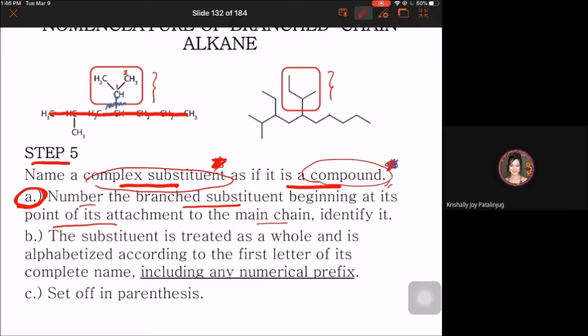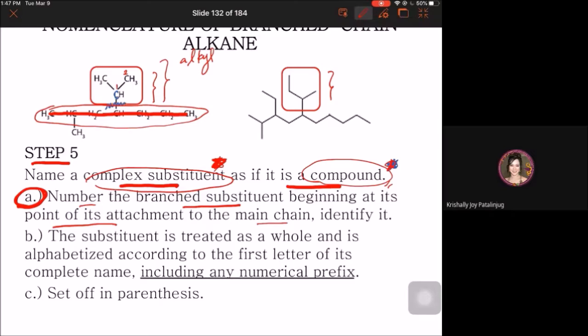Now, in this case, a two-carbon chain, if it were a parent, that is ethane. But it is not the parent, because the parent is the whole molecule's main chain. These are just alkyl groups.